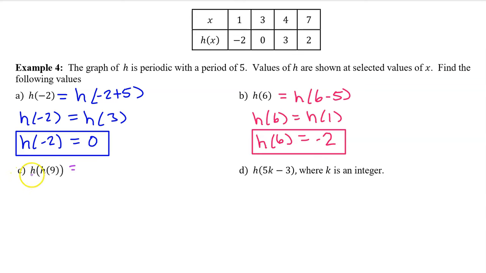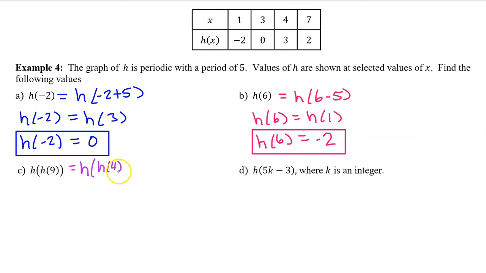Part C, h at 9. Since the period is 5, subtracting 5 from the input value will not change the output value. So 9 minus 5 is 4. So h at 9 is the same thing as h at 4.